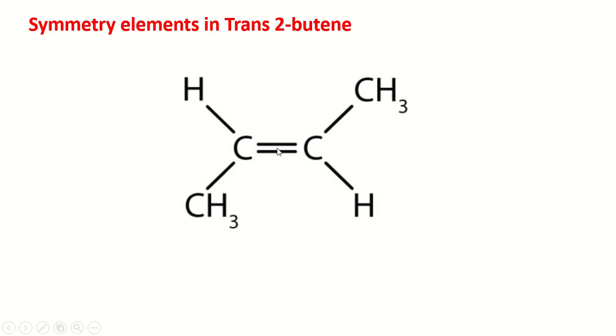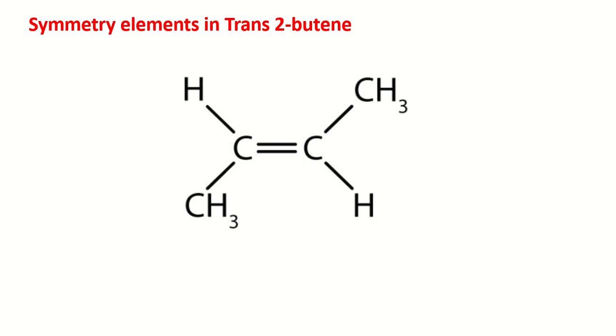If we just take this point as the axis of rotation for trans-2-butene, then there would be a C2 in this molecule. So we can easily say, if we rotate this molecule around this axis of rotation clockwise or anti-clockwise, the results would be indistinguishable.